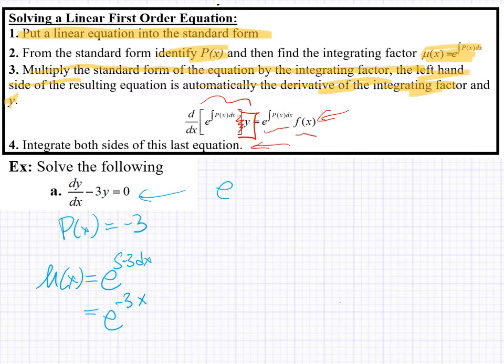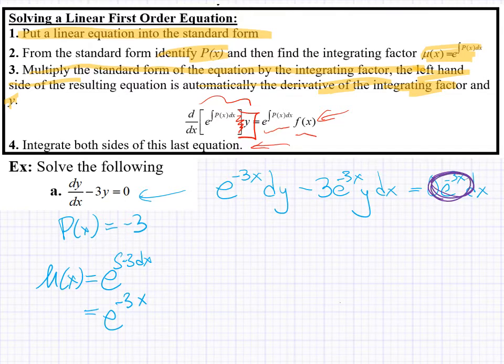So I get e to the negative 3x times dy/dx minus 3e to the negative 3x times y equals 0 times e to the negative 3x. Well, 0 times anything is 0, so that's still just a big 0 over there. This, you have to realize, is the derivative of e to the negative 3x times y.